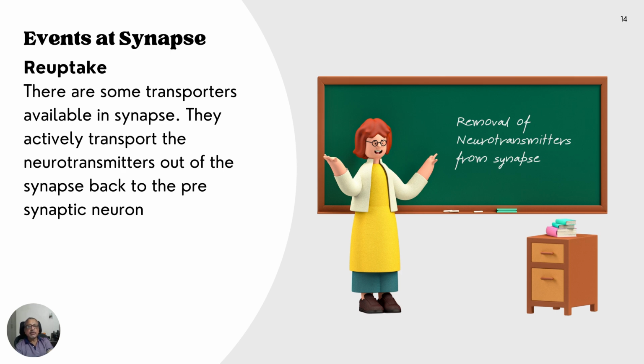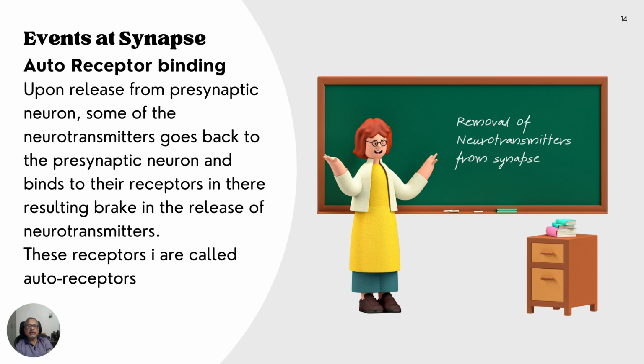Then there is another process by which the synapse gets emptied, that is the reuptake mechanism. There are some transporters available at the synapse. They actively transport the neurotransmitter from the synapse back to the presynaptic neuron. And finally, there is autoreceptor binding.